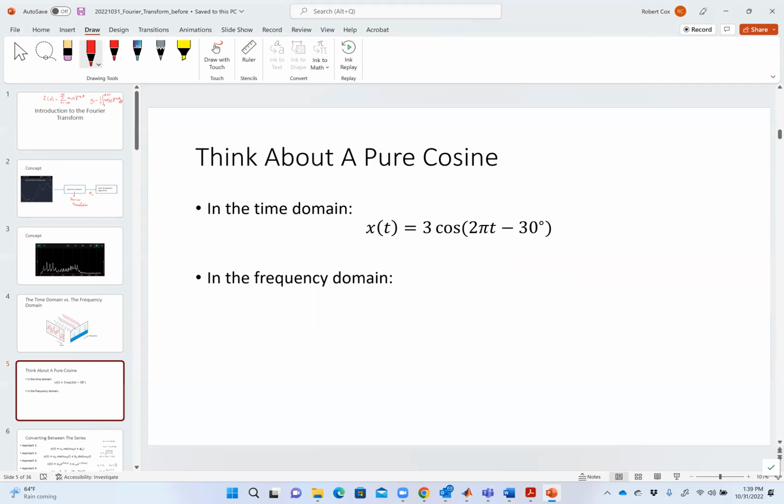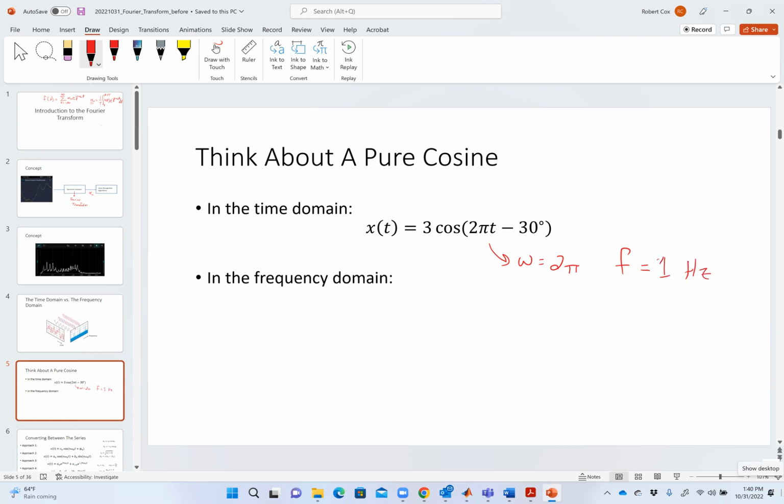What's the frequency in radians per second for this particular waveform? 2 pi. So what's the frequency in hertz? 1 hertz.